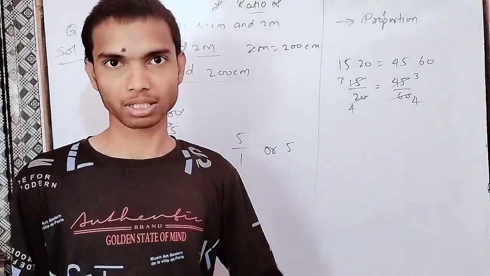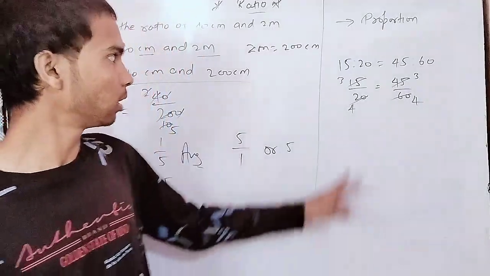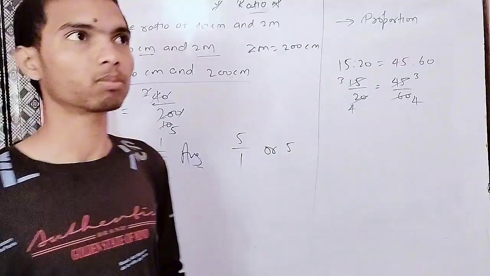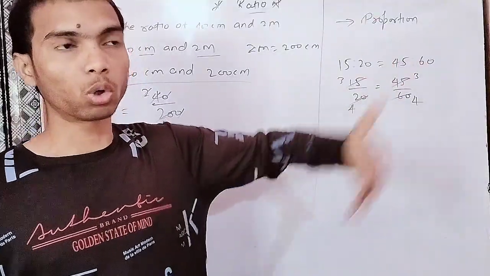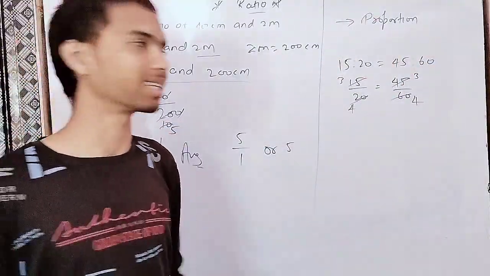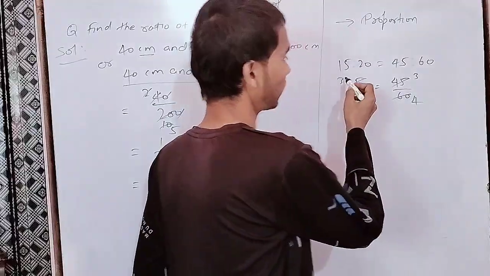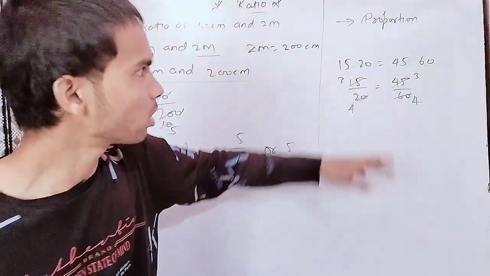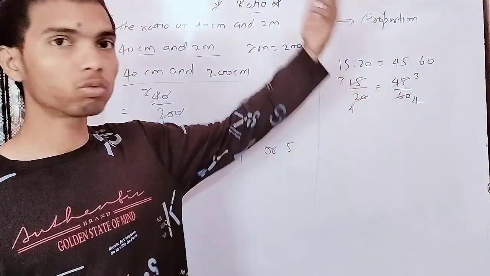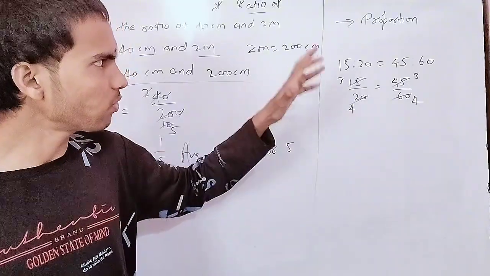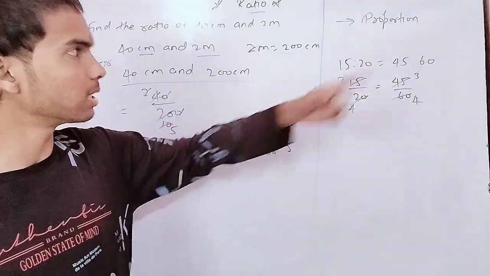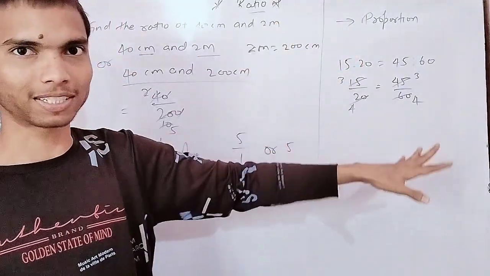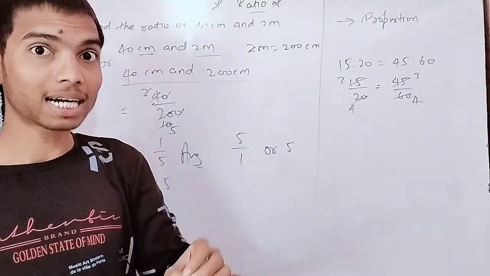But this is not our topic now. It is taught in standard 9. Right now, we are looking at 15 upon 20. You can say that 15 upon 20 is less than 45 upon 60.